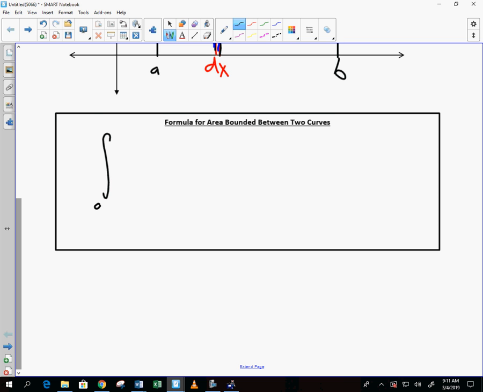Integral from a to b of top minus bottom dx. That's it.